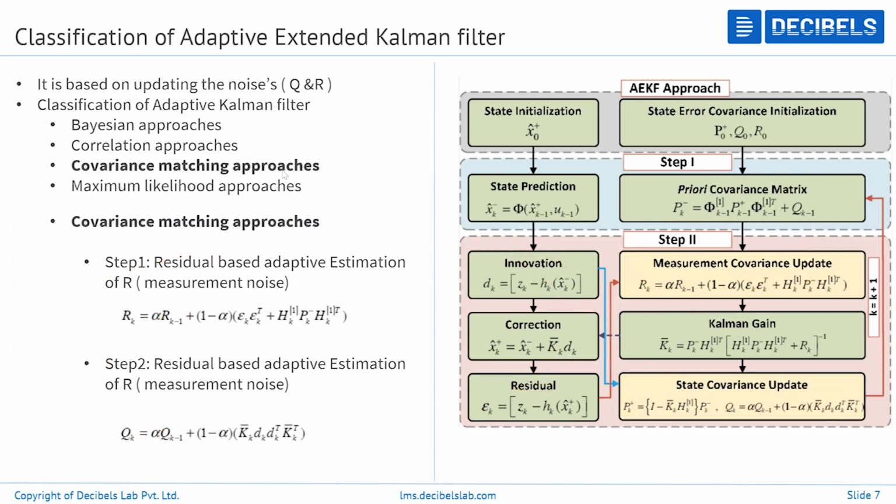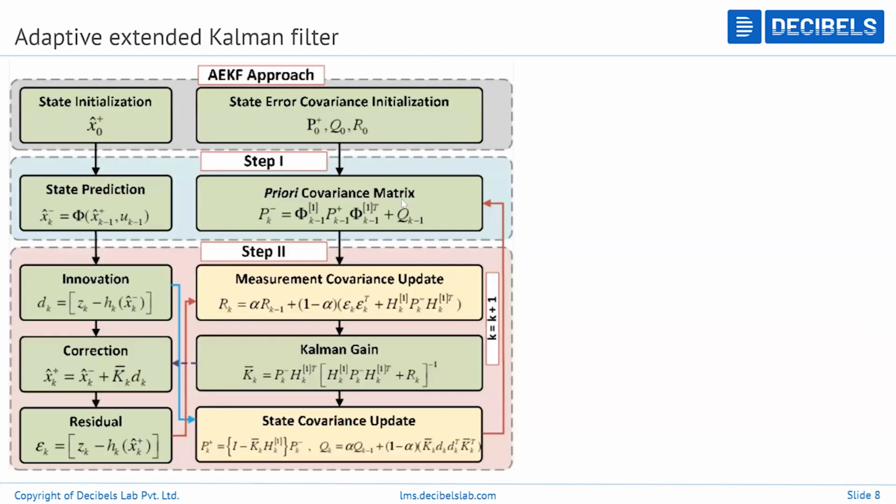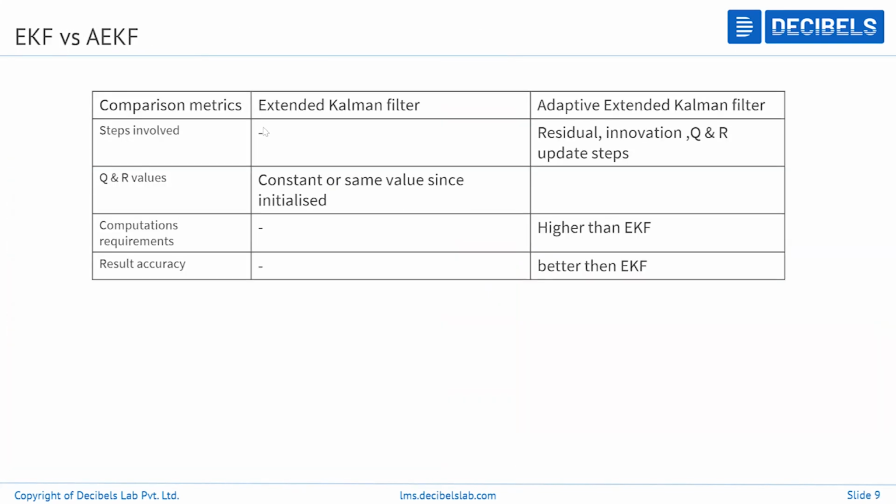Okay. So this is with respect to the adaptive extended Kalman filter. We'll just try to discuss some comparison matrix. So the steps involved: in the extended Kalman filter, the steps are predict, Kalman gain, state update, and measurement. In the adaptive Kalman filter, we see some extra: the residual and innovation and Q and R update steps.